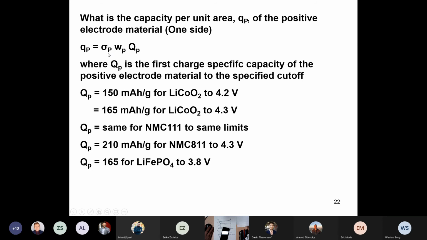So we can calculate sigma p from what we learned earlier. The weight fraction of the positive is something like 96%, and the specific capacities for common electrode materials are given here. So, a typical electrode design, we can calculate the capacity per unit area of the positive electrode material. No problem.